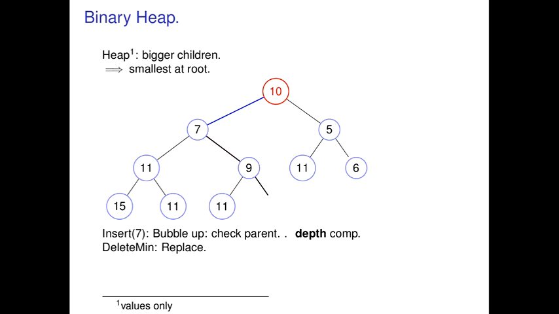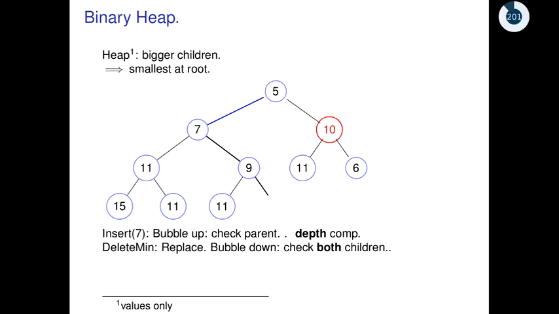If they were both bigger than me, I could stop, because it would obey the heap property. The only problem is this guy. Everywhere else it was good before. Throwing this guy at the top, it's a very local condition. The only problem is at this new node. So we see that 10 is a disaster. Both its children are smaller than it. So it picks one, and it goes that way. It picks the smallest one. Why does it pick the smallest one? What if it went the other way?